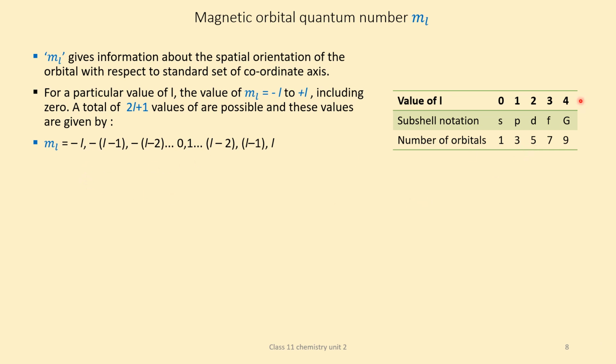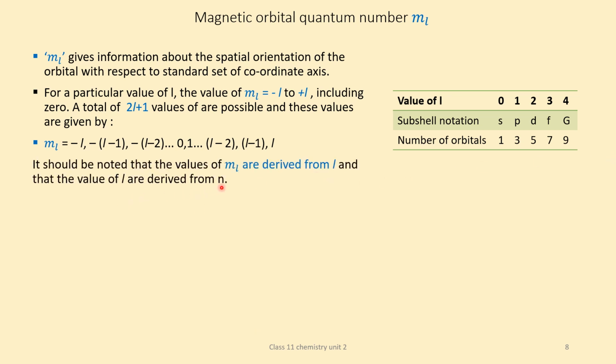This you can substitute, say for example 3, 4, etc., and you will find that the number of orbitals depends on the value of L given by the formula 2L plus 1, and the numbers of orbitals are 1, 3, 5, 7 and 9.